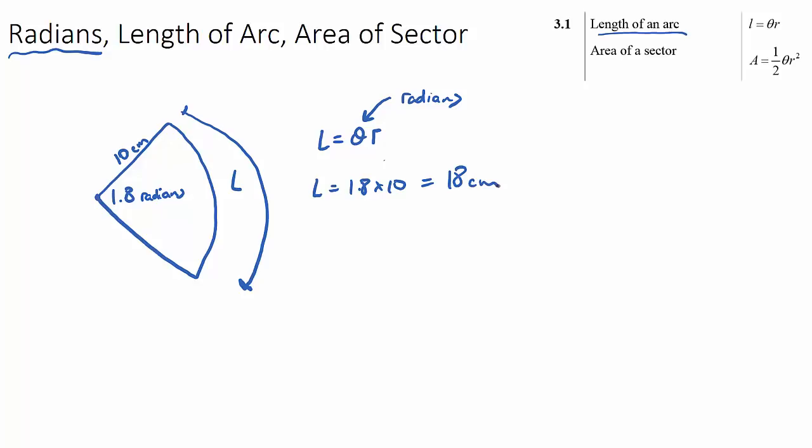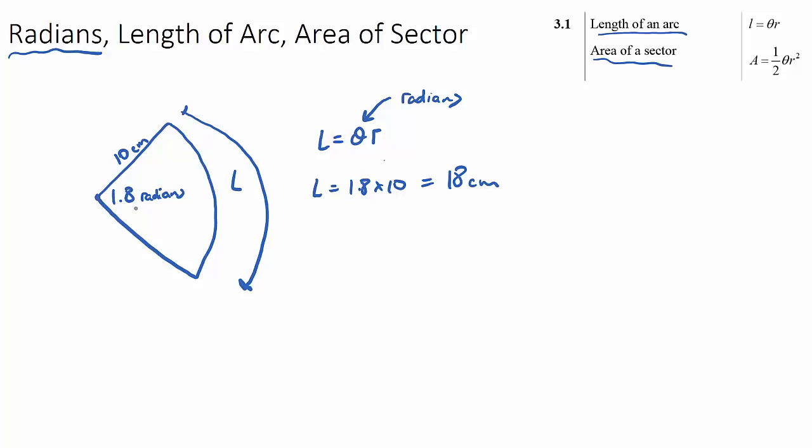Okay, now in these questions, you'll also be asked to find the area, and the area of a sector formula is this one here. It's very similar to the one above, but it's now a half times theta r squared, where theta needs to be in radians.